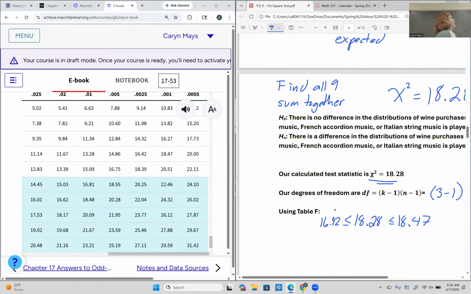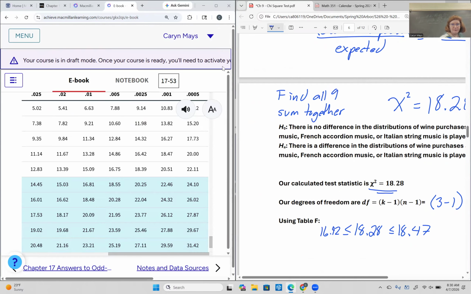Okay. And then what the top row tells us is what p-value relates to these. 16.42 and 18.47. Let me scroll just a little bit so I can point at them a little easier.